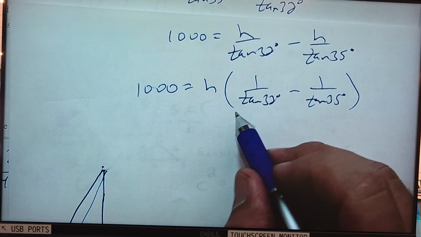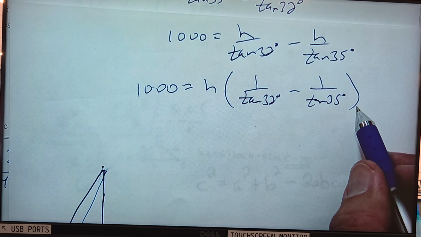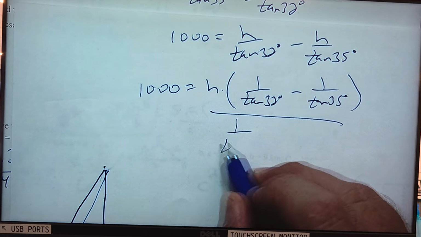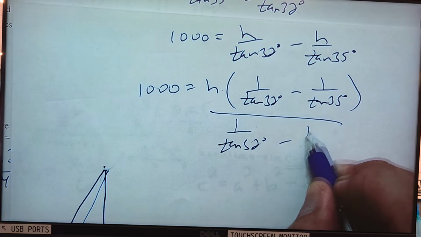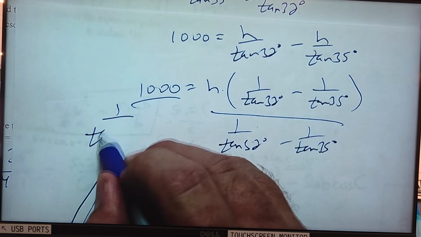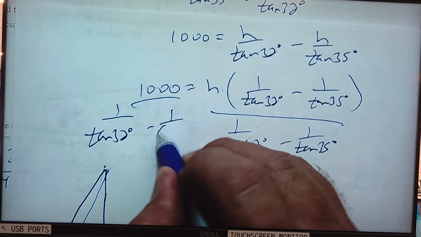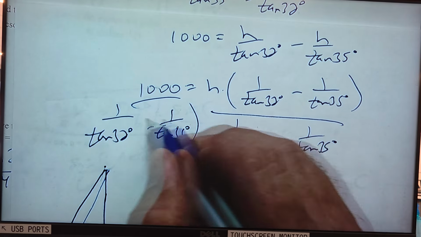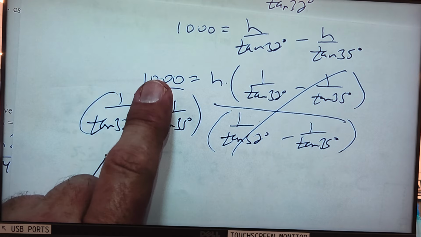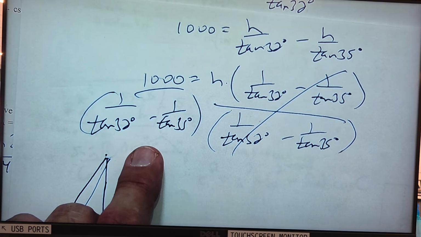Divide by it. Yeah, don't let the ugliness of this poor little dude worry you. I want h by itself. It's h times that stuff. Let me divide by it.